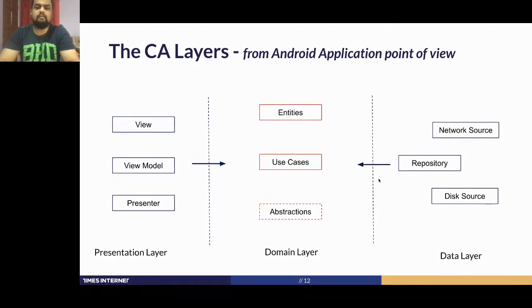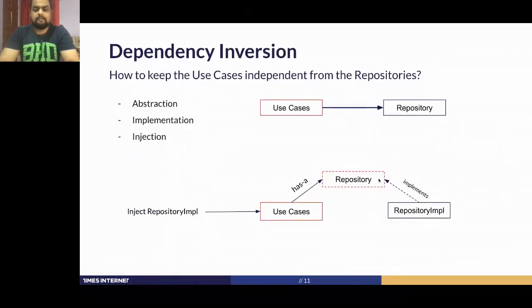the dependency flow. People are more prone to violate this principle, the dependency inversion principle, wherein the use cases directly access the repositories. Now, what is the harm of doing that? Let's suppose there is a use case and you want to use one repository for fetching some data.